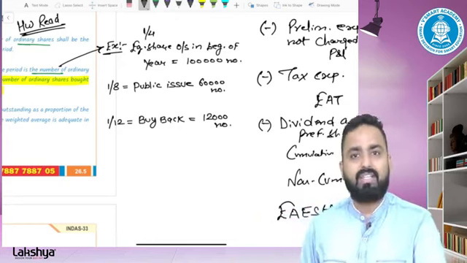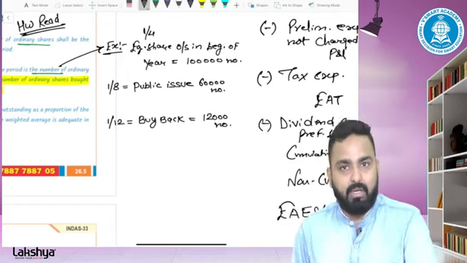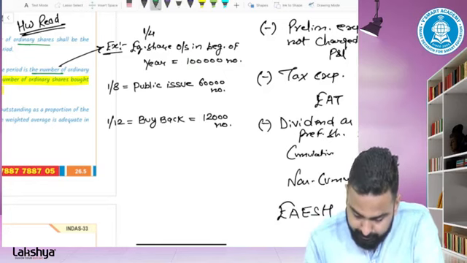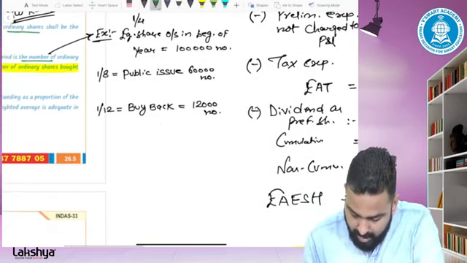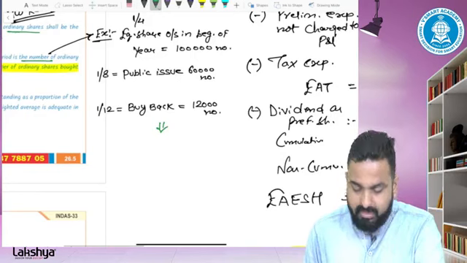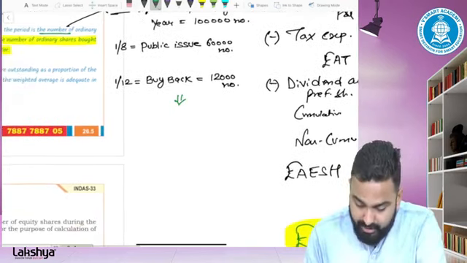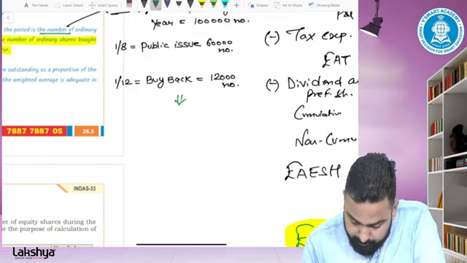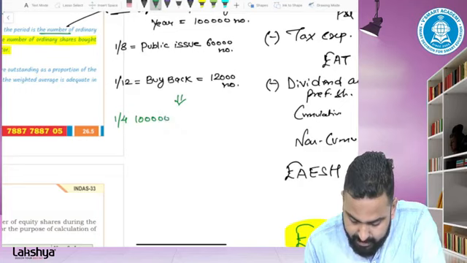there were some transactions relating to ordinary share capital, equity share capital. Now how to calculate the weighted average ordinary shares or weighted average equity capital? First of all, on 1st April, we have 1 lakh numbers.